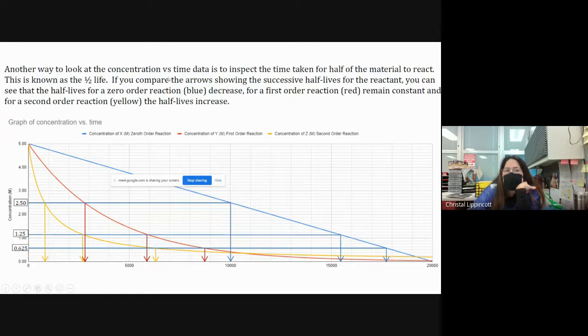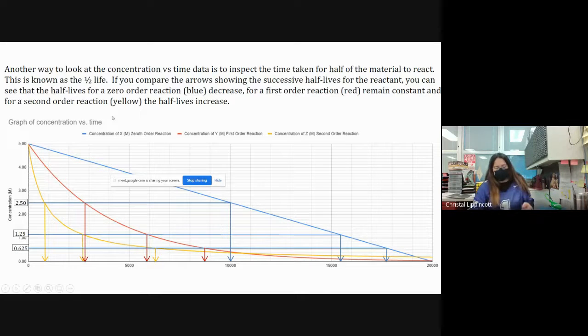The other thing that you need, that you can see here, is if you are dealing with concentration versus time, and it's a first order, this is going to give you a perfect half-life graph. So if you remember back to when we did half-lives in regular chem, we ended up having that perfect half-life curve that was created. You end up with the same thing here.